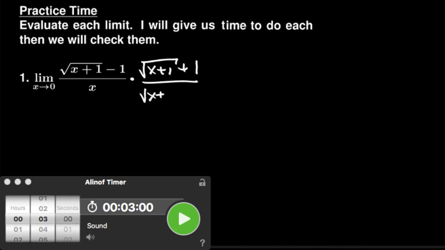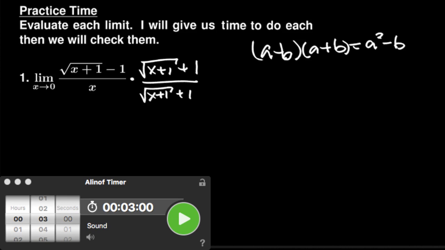Because the purpose of the conjugate is so that you end up with this thing times this thing. Remember when you have a minus b times a plus b, that gives you the first thing squared minus the second thing squared. That's why we have conjugates. That's why we use them in this.